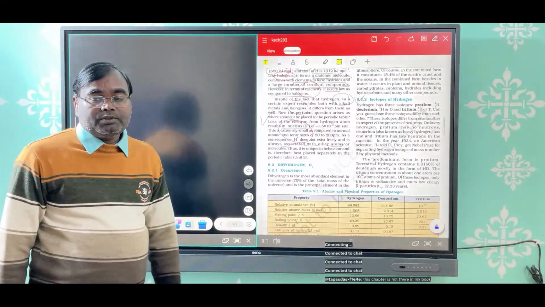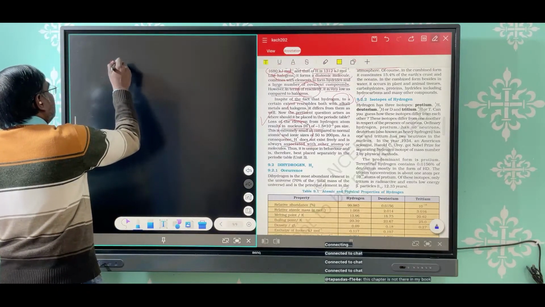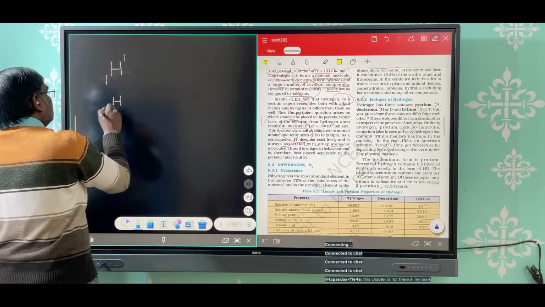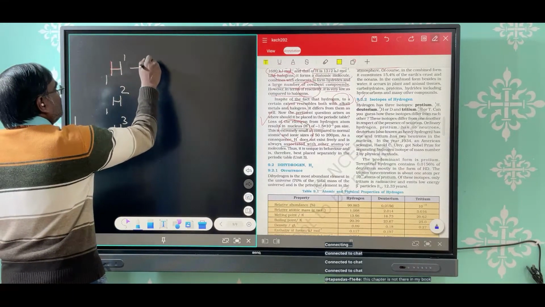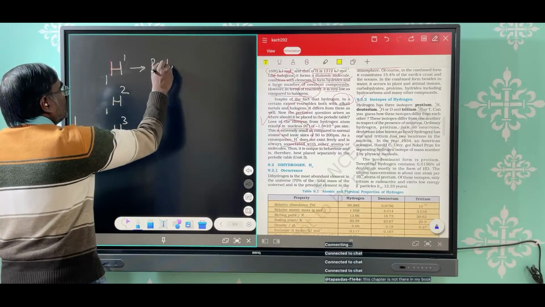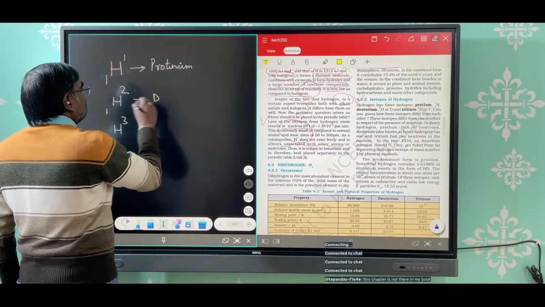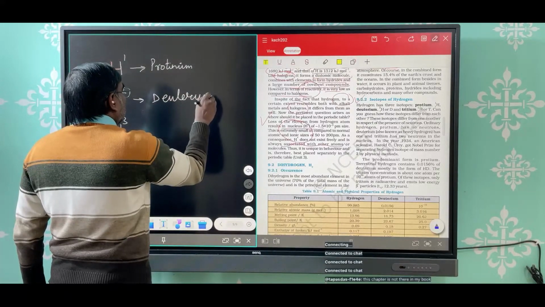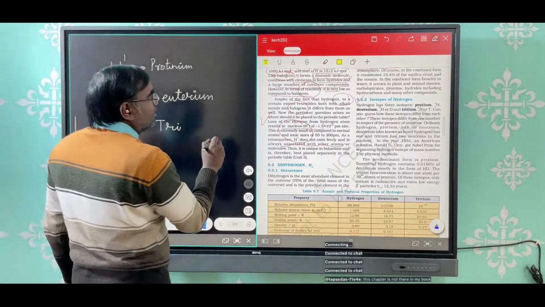There are three types of isotopes: H1, H2, H3. The name is protium. The second name is deuterium. And the third one is tritium.